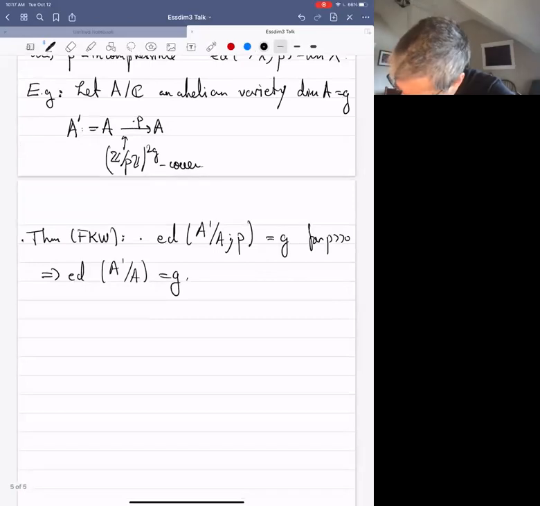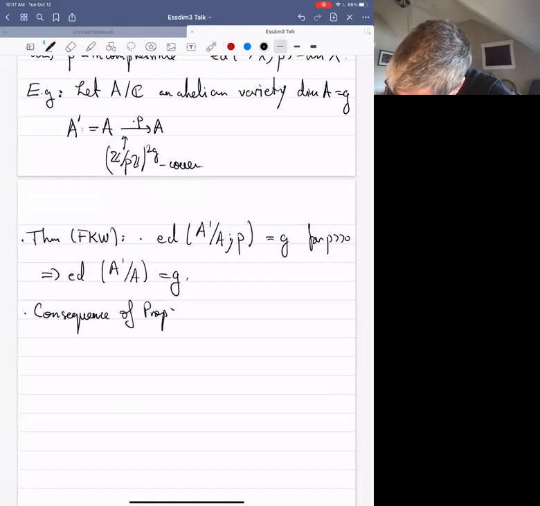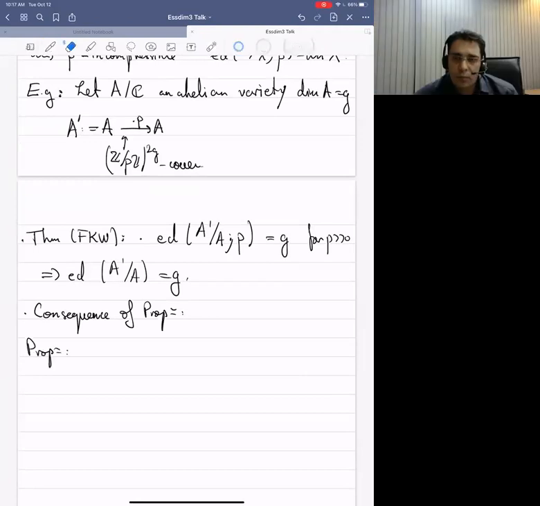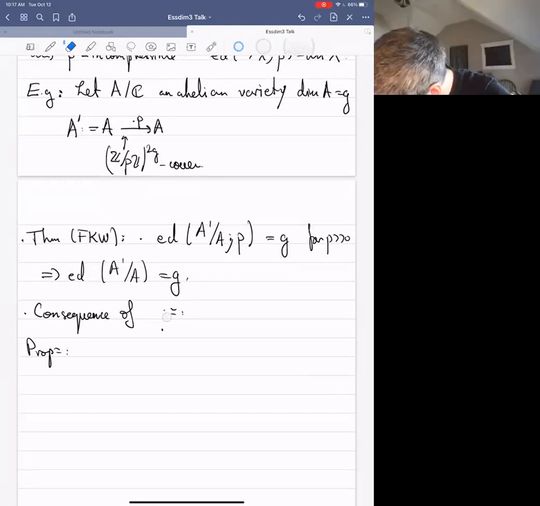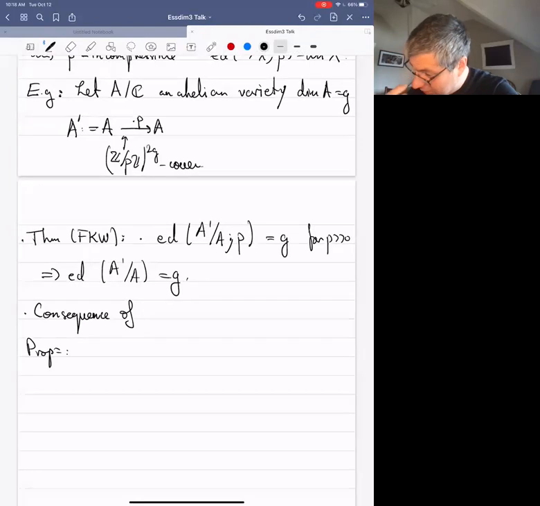Okay, so this is really a consequence of the following proposition. And now I promised you that even though this is a question about complex algebraic varieties, it's really based on arithmetic methods, okay?